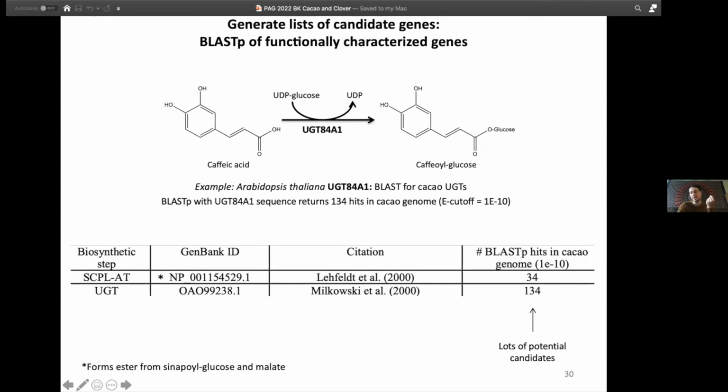I identified candidates for each of the steps we're interested in by taking known protein sequences for proteins that catalyze these or similar reactions, and then blasting them against the cacao genome. For the UGT step, I got 134 candidates, and for the SCPL step, I got 34 candidates just based on this amino acid blast alone.